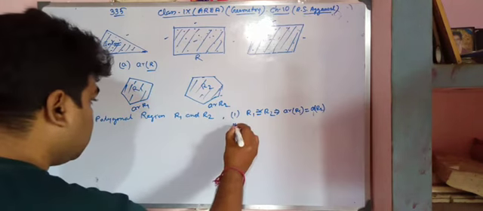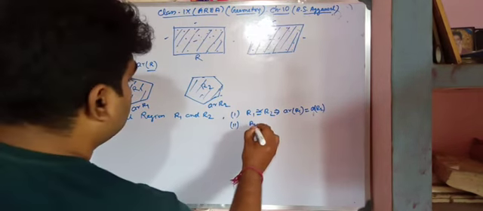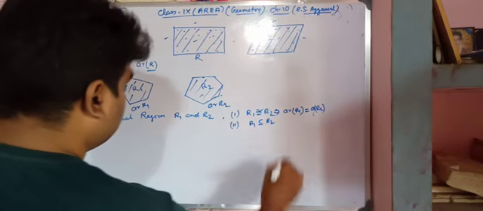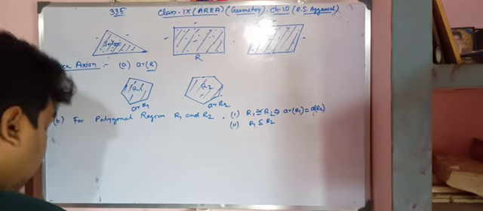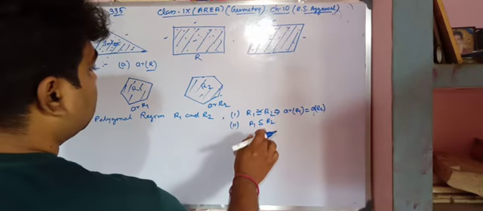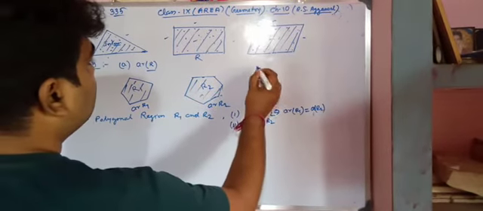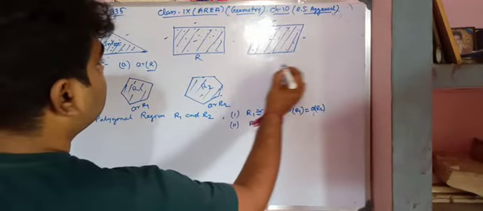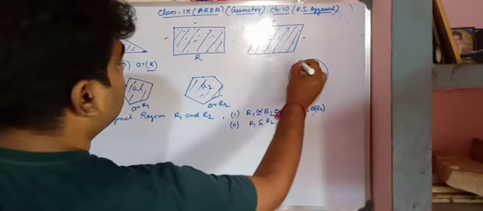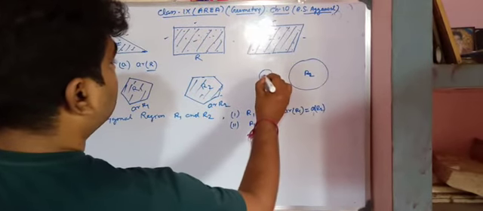Next, second property: if R1 is contained in R2. If we draw two figures, this is my R2 and this is my R1.